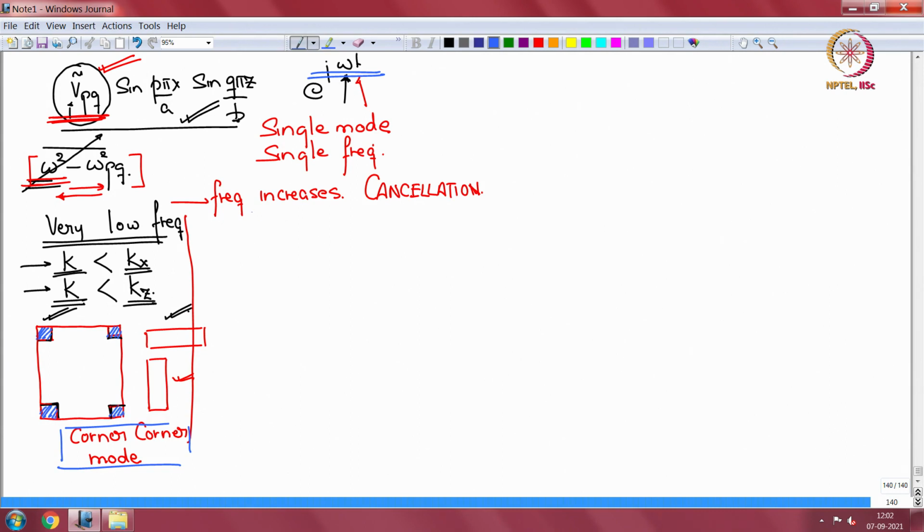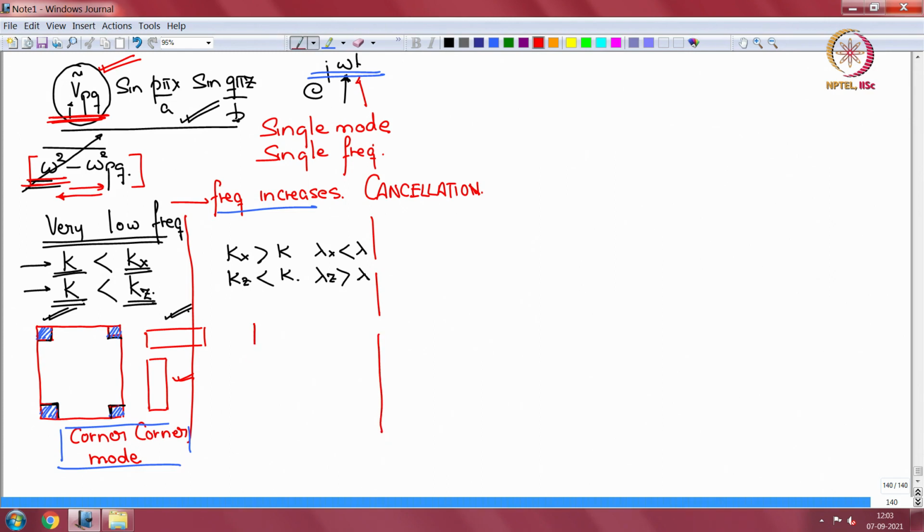Now as frequency increases it is possible that Kx is greater than K, but Kz becomes less than K. It's possible, in which case lambda x is less than lambda, the acoustic wavelength, and lambda z is greater than lambda. So then what happens, I'll keep the same colors.